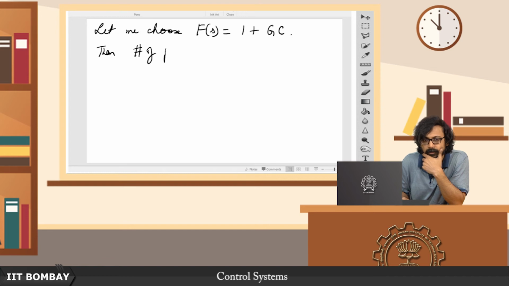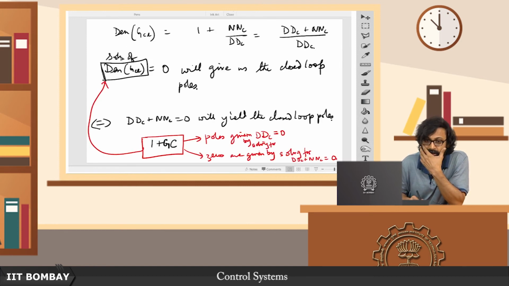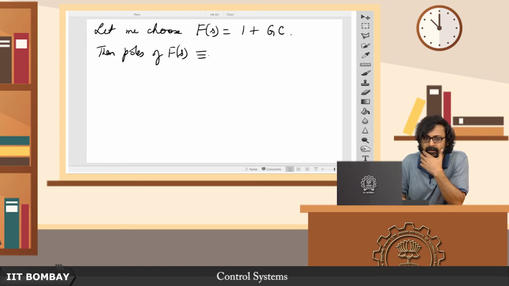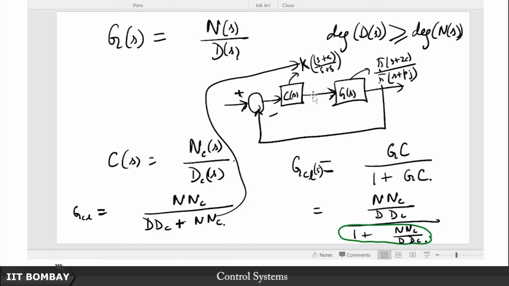Then the poles of F(s) are the same as what? Look at this F(s), it is 1 plus GC. So, the poles of this are the same as the open loop poles. Of course, you might say the open loop poles of what? Not open loop poles of G, but of GC, the entire block.